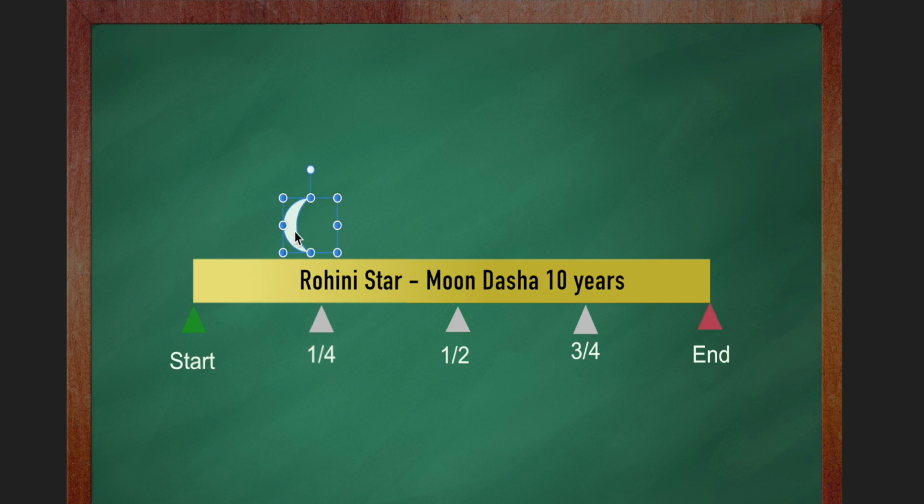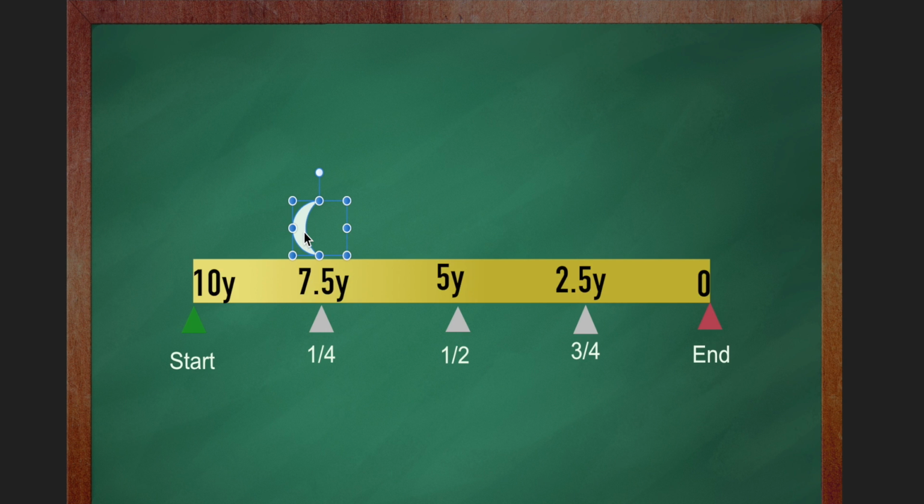But if it is here, it is already 1/4 over, and therefore you have 3/4 in front of you. So this means that 2.5 years of 10 years is over, and you have 7.5 years in front of you. So this is added back to your date of birth, and then you know when the next Mahadasha begins, which is the Mahadasha of Mars.